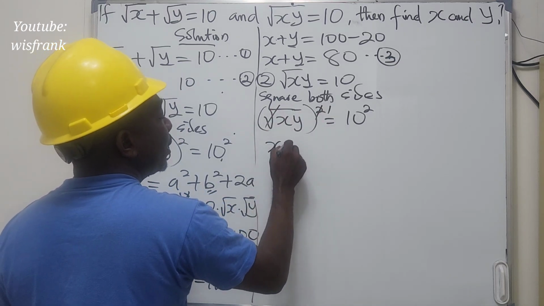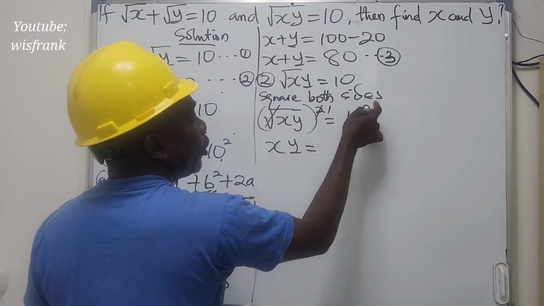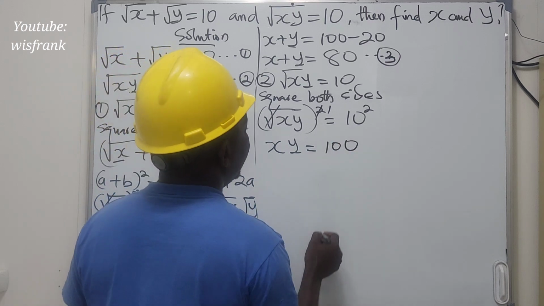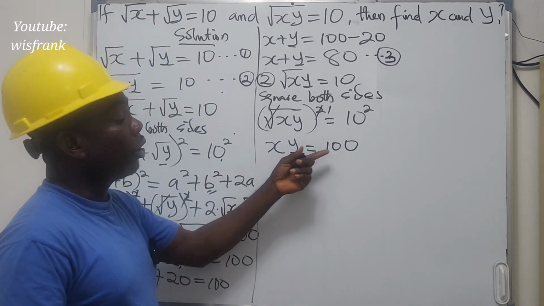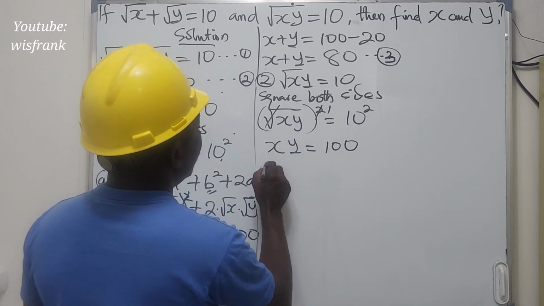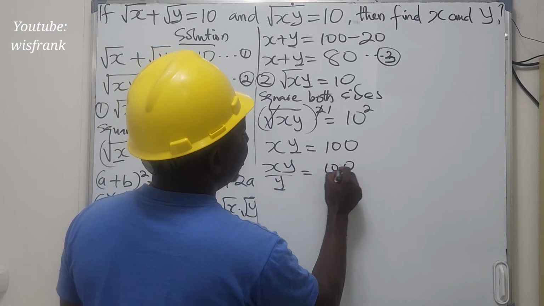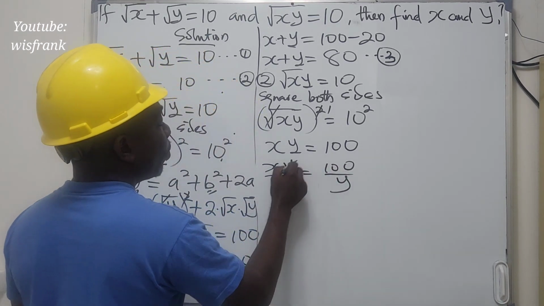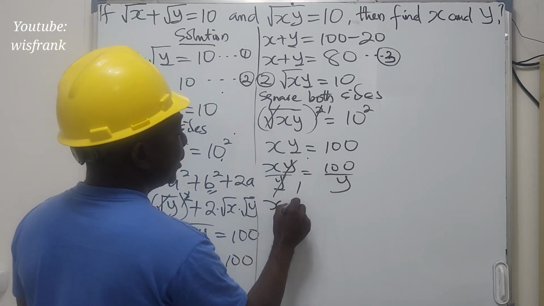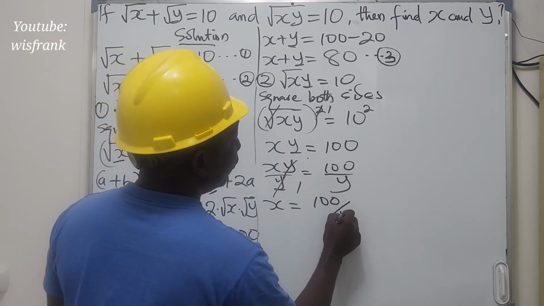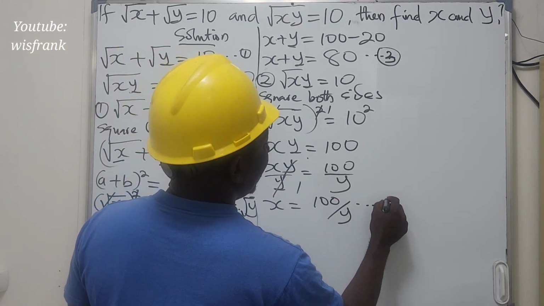We are now left with xy equals 10 to the power of 2, which is 100. So we can make x the subject of this expression. So this will become xy all over y equals 100 all over y. y will cancel here and y will cancel here. Therefore, we have x equals 100 all over y. Let's call this equation 4.